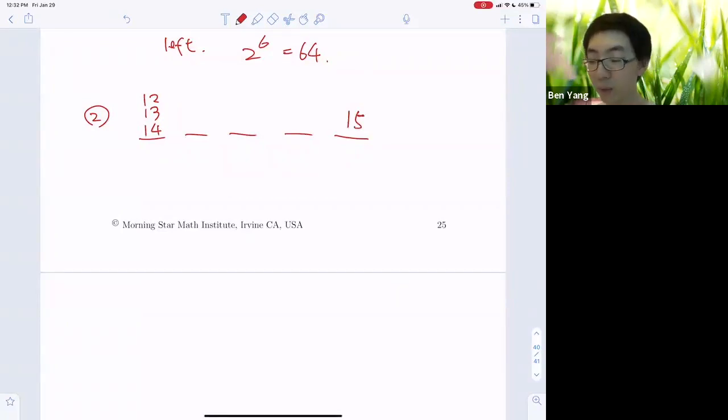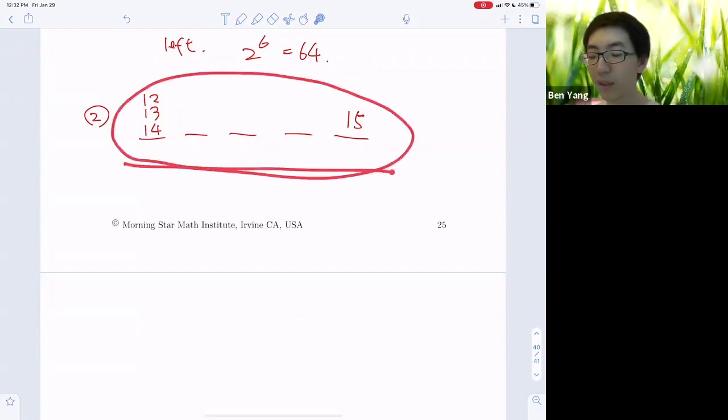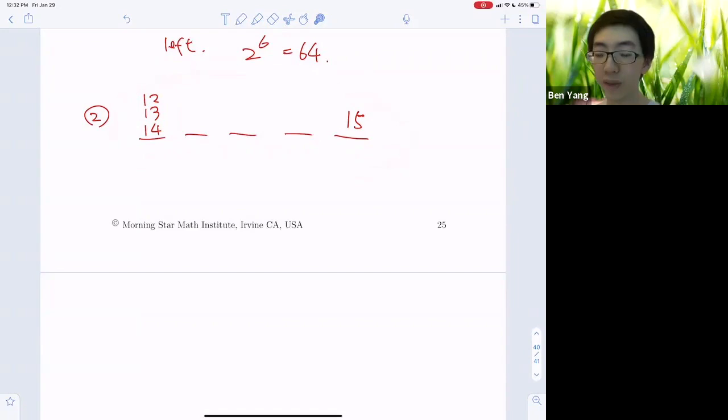We need to remember that after figuring out the number of ways here, we need to multiply this by 4 because there are actually 4 ways to choose 3 cards from 4 to put in box 1. So let's put a 4 there just to remind us that we need to multiply the number of cases by 4. Okay, so now what should we do?